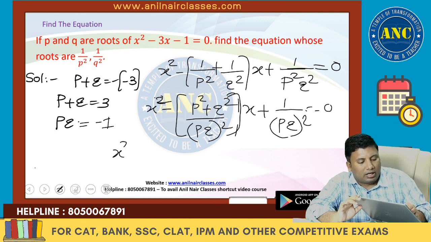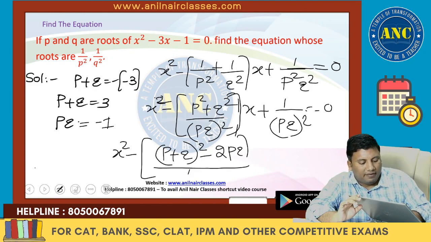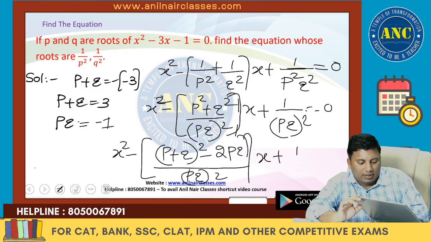This is nothing but x square minus of ((p plus q) whole square minus 2pq) divided by (pq) whole square into x plus 1 by (pq) whole square is equivalent to 0.